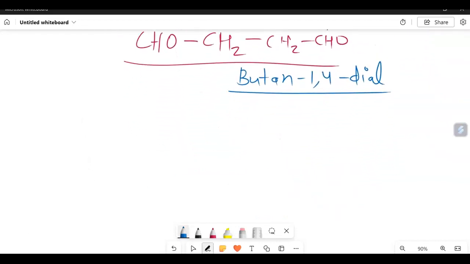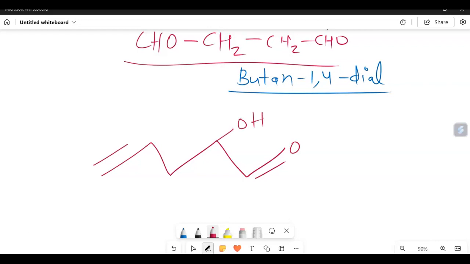Let's go for bond line structures now. You can figure out the name by pausing it. Double bond O, here it is OH, here it is a triple bond, and here it is a double bond. What can you name it? Can you figure it out?